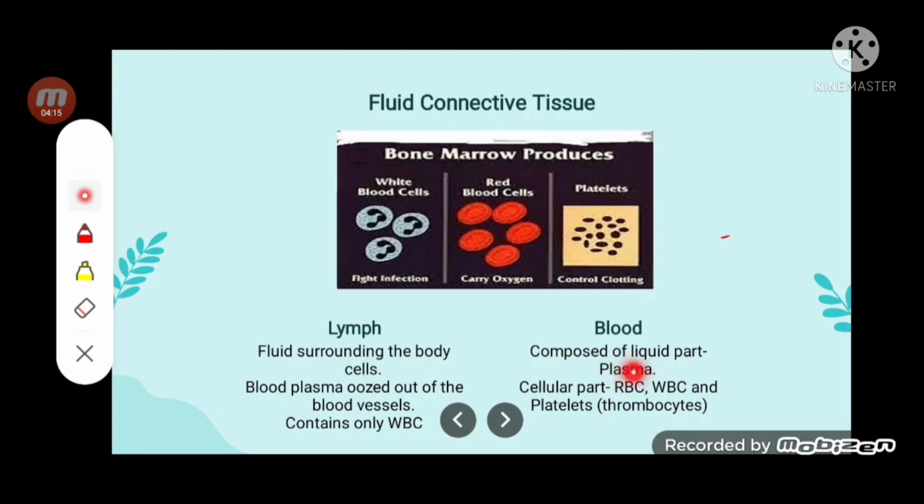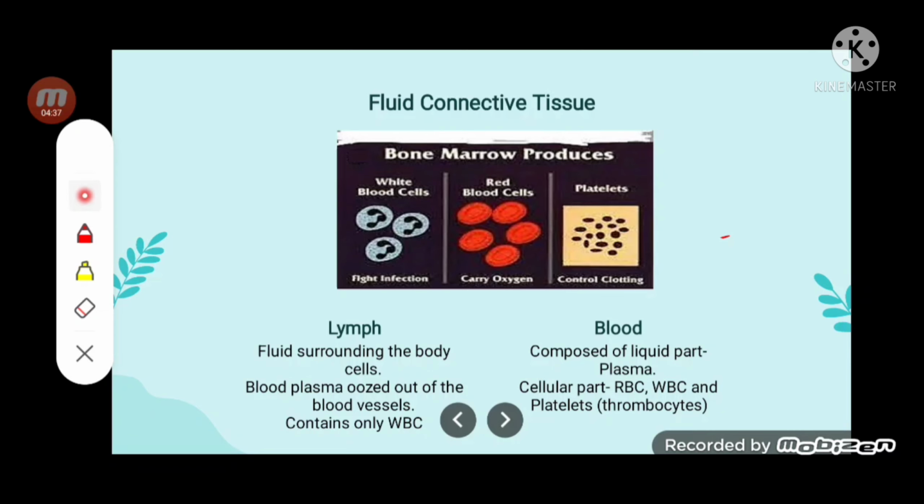They are RBC, WBC and platelets. RBC, red blood corpuscles or erythrocytes, WBC, leukocytes, and platelets, which help in the thickening or clotting of the blood, which we also call thrombocytes. So blood consists of plasma, RBC, WBC and platelets.